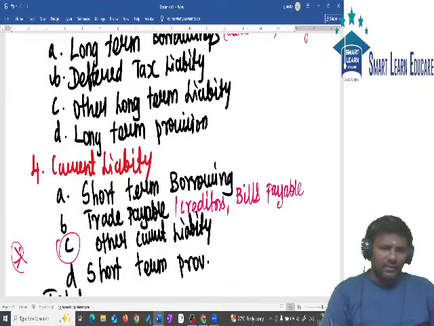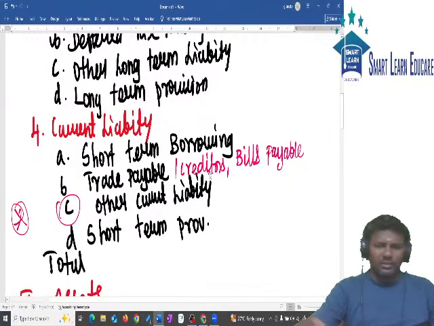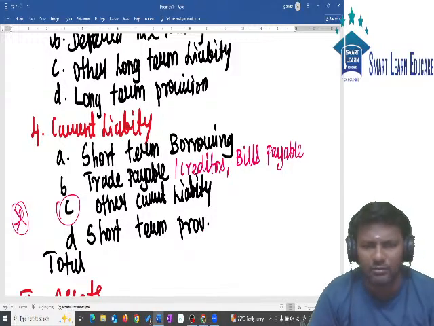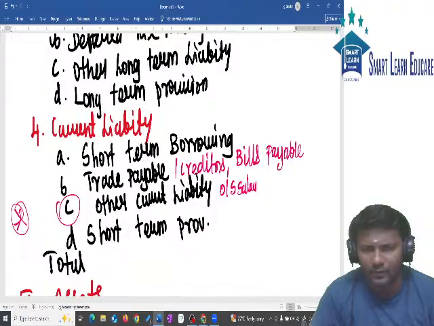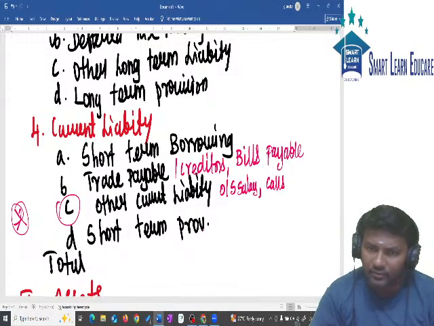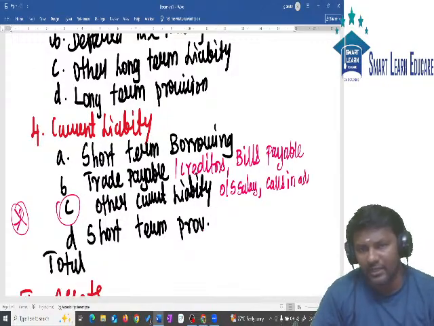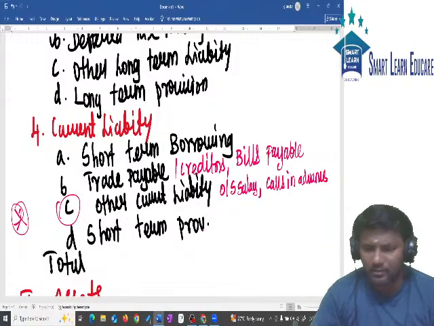This is very, very important, because in other current liability we have outstanding salary, calls in advance where the company received advance, and income received in advance.